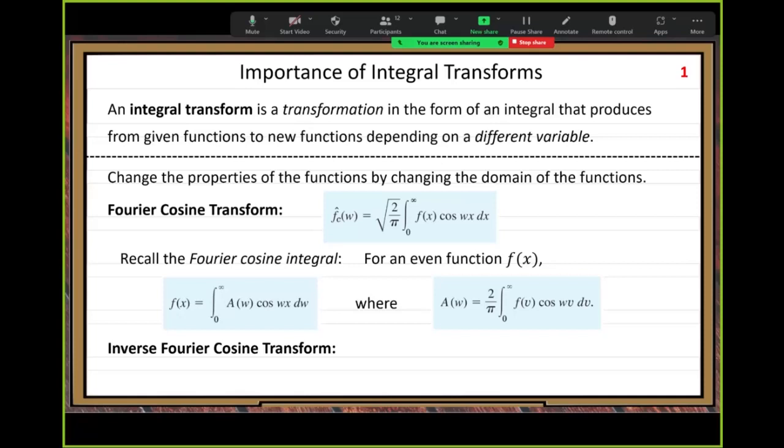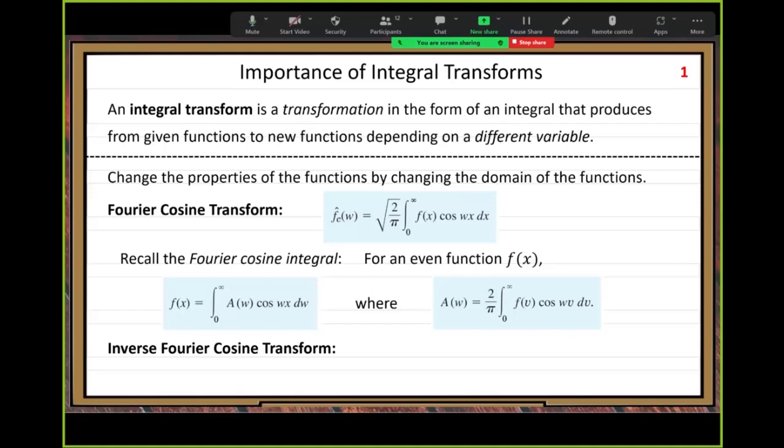So every time we define a transform, we should also define its corresponding inverse transform. Otherwise, it's useless. You convert to a different domain and work there, but after you get a result, you need to go back to the original domain by the inverse transform.